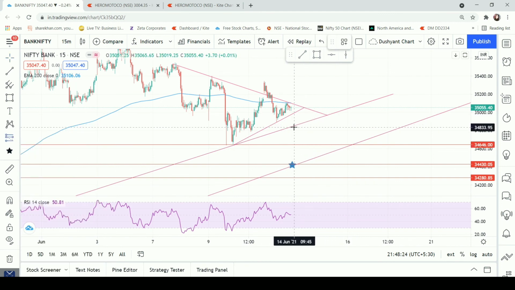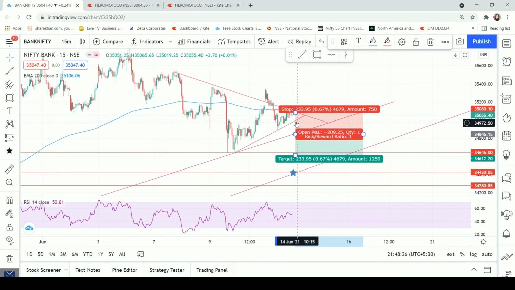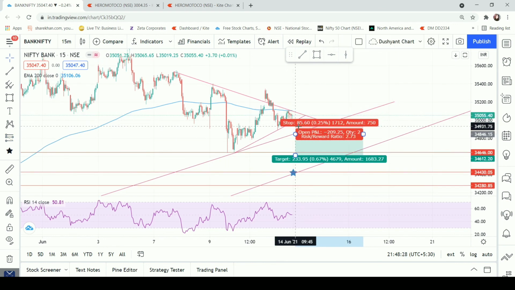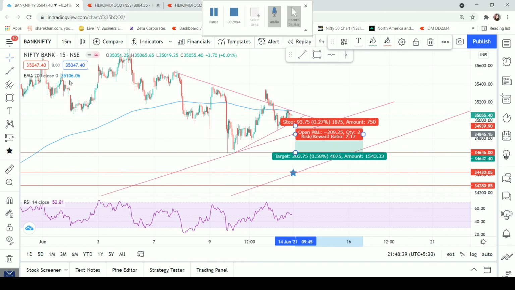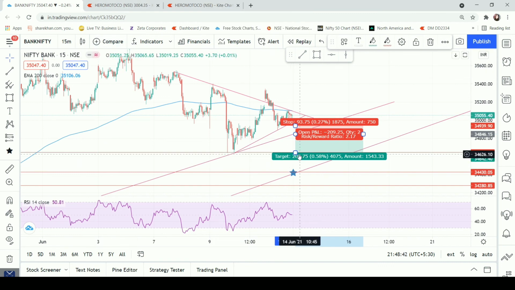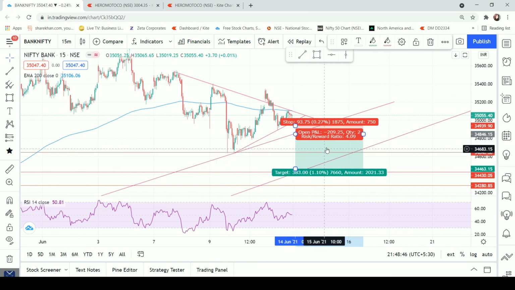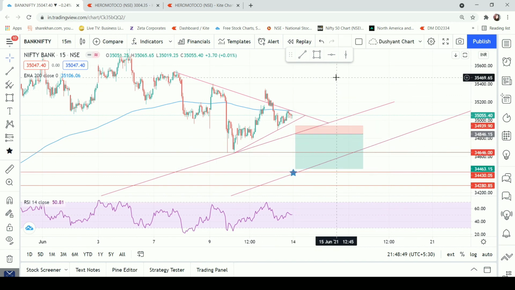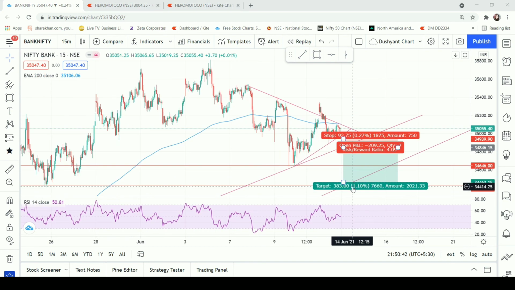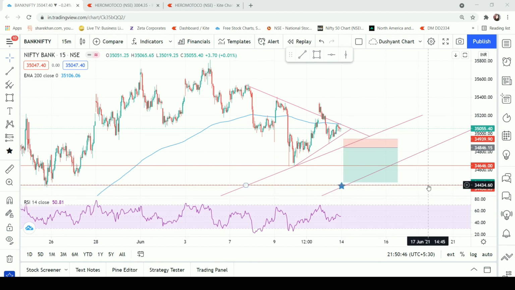We will get a target of 2:1, and if we stretch here, 4:1. Okay, you can easily achieve around 3 to 4.